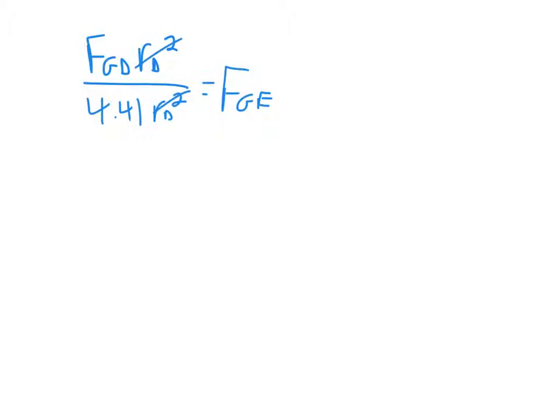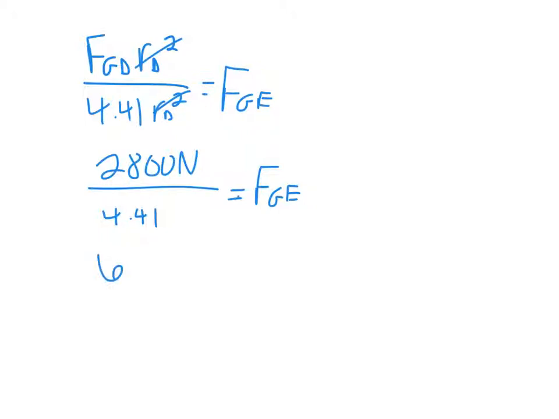So FgD, radius of the Discover squared, over 2.1 squared, which is 4.41 RD squared, equals FgE. You don't even need the radius of the Discover, so we're left with the force of gravity for the Discover, 2,800 newtons, divided by 4.41 equals FgE.